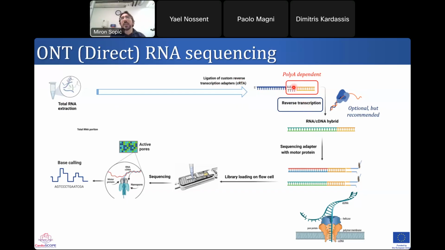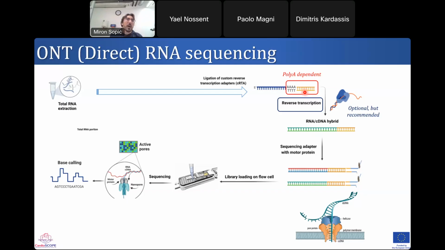Because only poly-A RNAs are going to be recognized by these oligonucleotides, and everything else will not survive to the sequencing point. When you do the cleanup, because after this step you need to do a cleanup, everything else is going to be destroyed. You will only have poly-A transcripts in your library.